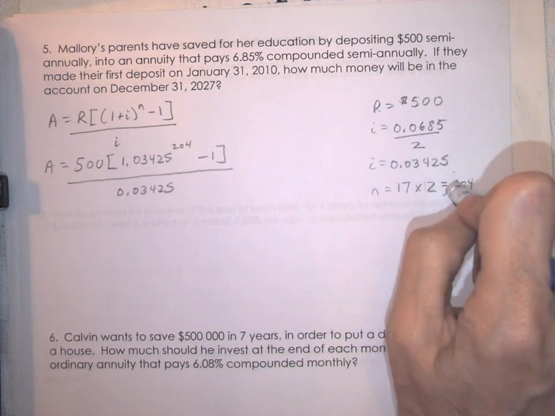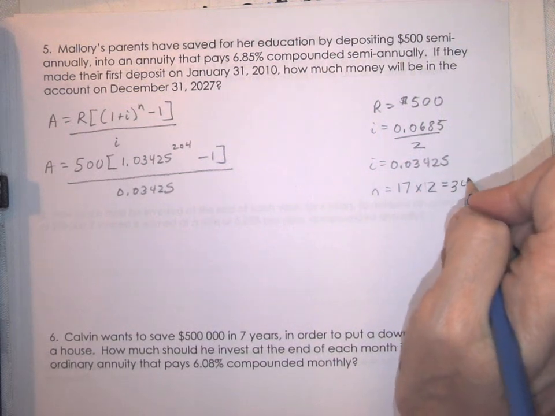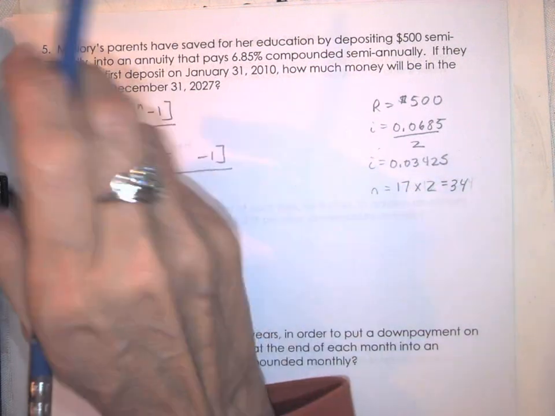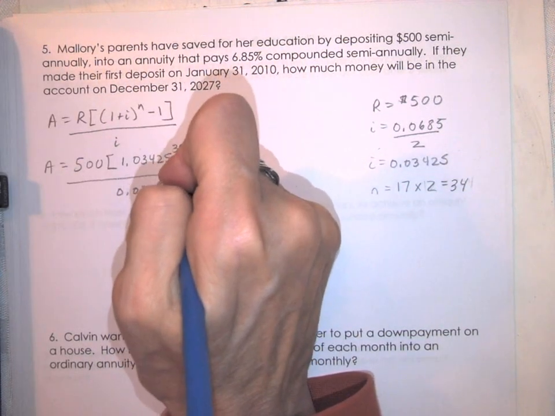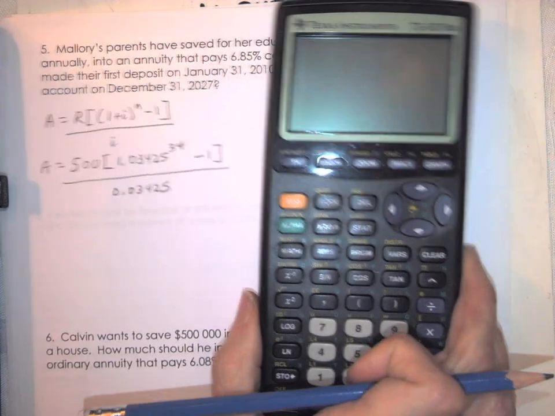This is only 34. It would be nice, but they only put the money in 34 times, not 204 times. So that's going to make a big difference here. Sorry about that.